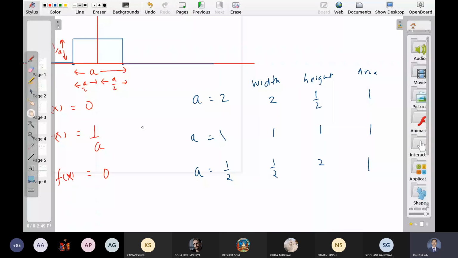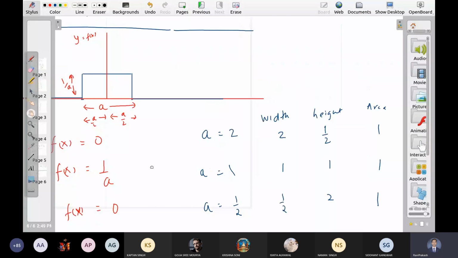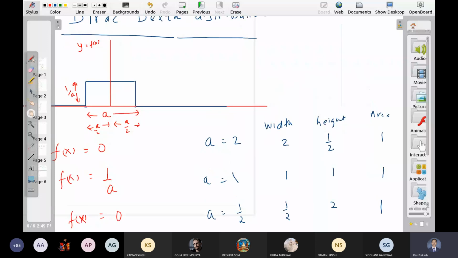Or graphically, as I reduce the value of a, what happens? As I decrease the width, height increases. If I further decrease the width, height increases even more. But area is always 1.